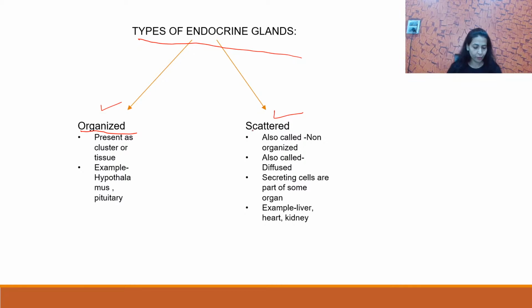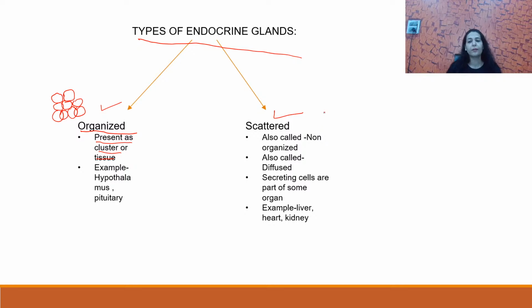By organized, we mean they are present in the form of a cluster or tissue, as in, this is a cell, then there is one more cell, and one more, and one more. So there is a whole cluster of cells which acts as an endocrine gland.